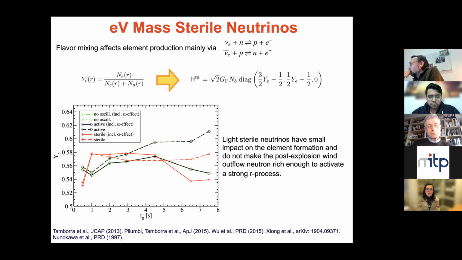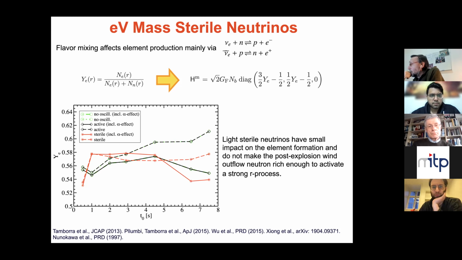Other possibilities could involve, for example, other kinds of non-standard interactions, but I would say that the case of sterile neutrinos is kind of the most extreme one, because we are really depleting the electron flavors, while through other kinds of non-standard interactions, we would just diminish the amount of electron flavors. So yes, I think that standard solutions would be actually more promising in this respect.